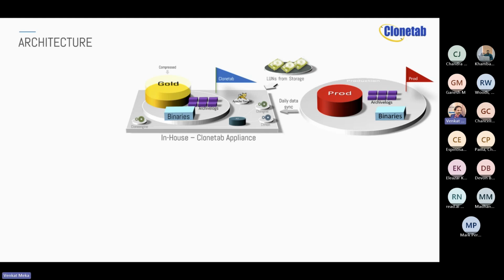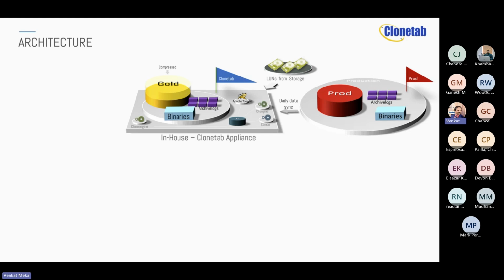And now after this appliance is ready, we also seek some storage from you. It could be cloud storage, it could be from OCI, from Azure, from AWS, and so on and so forth. And we recommend going with all flash storage.